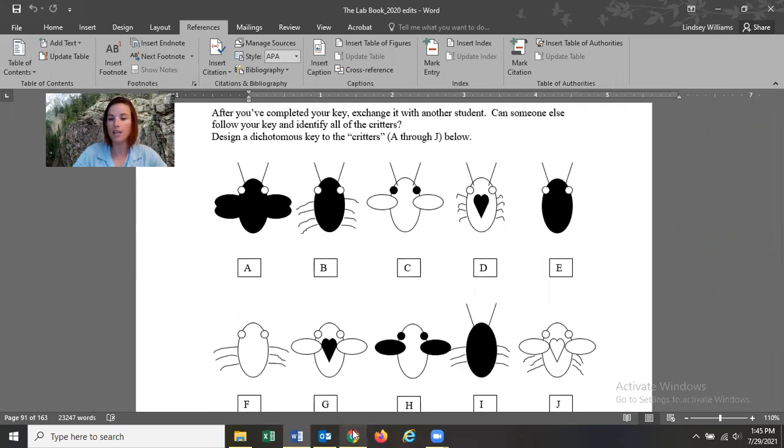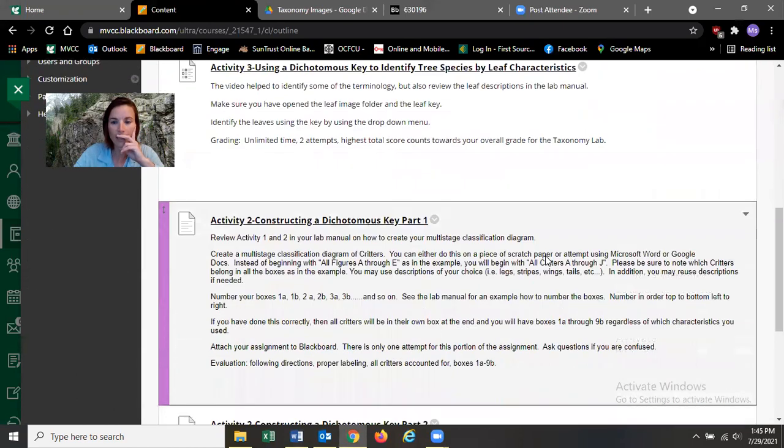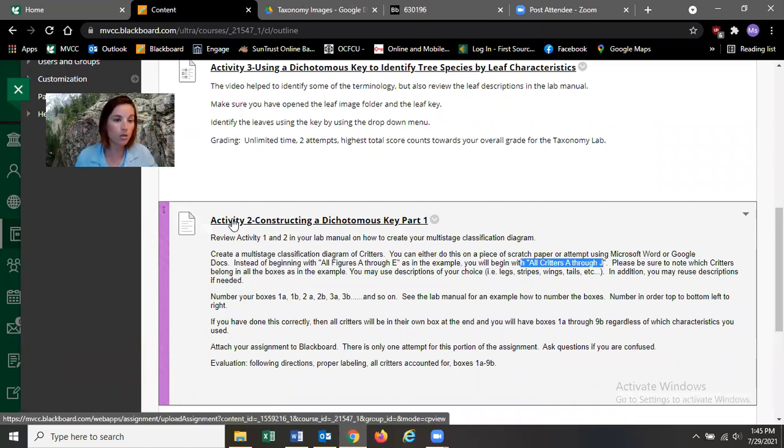It even says it in the lab manual here, or excuse me, on the activities. It says right here, all critters A through J, and this is associated with activity 2. So I don't know where the communication breakdown is to this day, so we're just going to call it a fluke and move on. Hopefully everybody watches the video and you don't make this error.